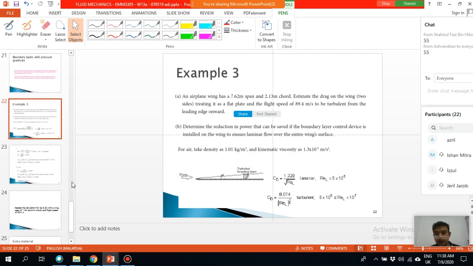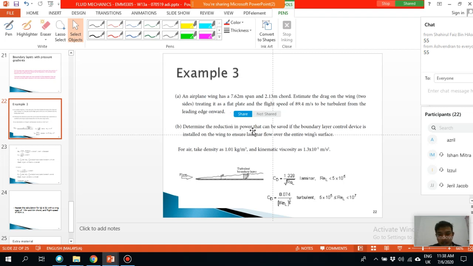Okay, we go by example. Now we have learned a little bit of theory, now the example. There is an airplane wing with a 7.62 meter span and 2.13 meter chord. A: estimate the drag on the wing, two sides, treating it as a flat plate, at a flight speed of 89.4 meters per second, turbulent from the leading edge.